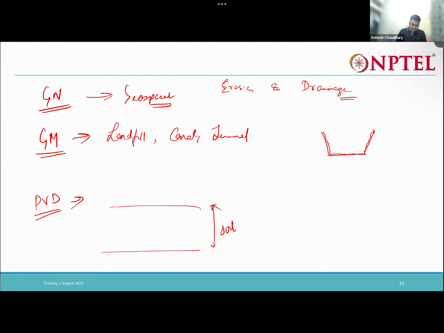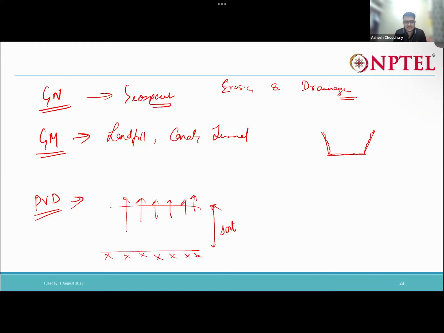Say this is impervious. If there are no PVDs, the water has only one drainage path, which is this, to come out of the top. The water only has one path to come out.